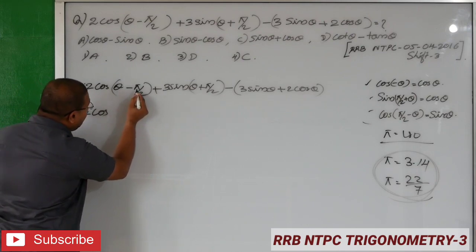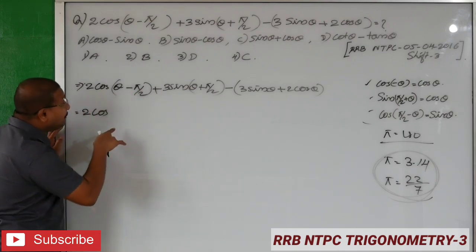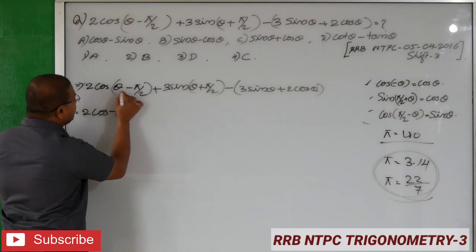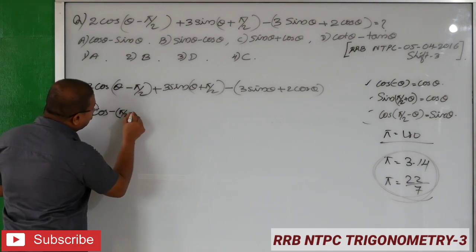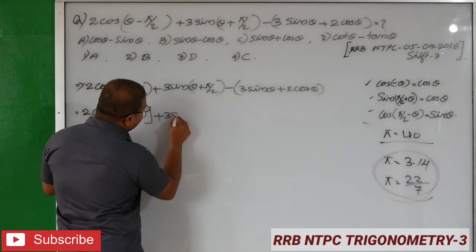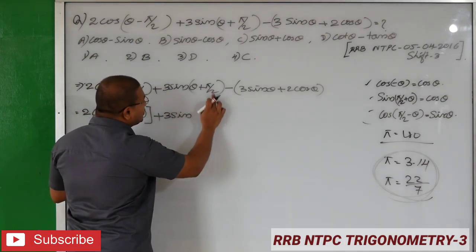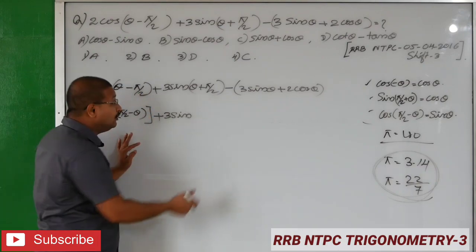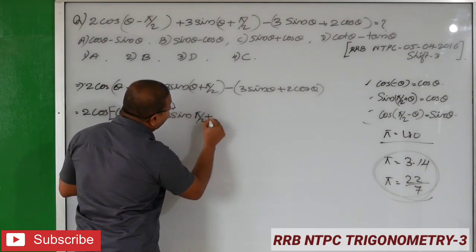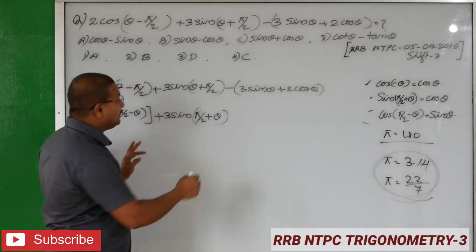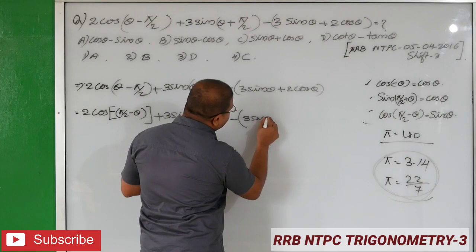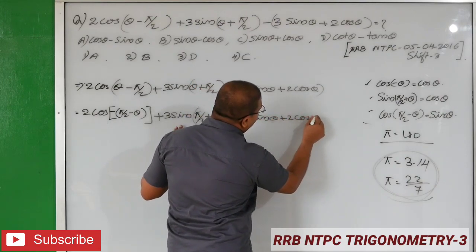So theta minus pi by 2 will convert into pi by 2 minus theta, and for that we take minus outside. Now here, theta plus pi by 2, we don't have the equation, so we change it and write pi by 2 plus theta. Now minus, keeping inside the bracket, 3 sin theta plus 2 cos theta.